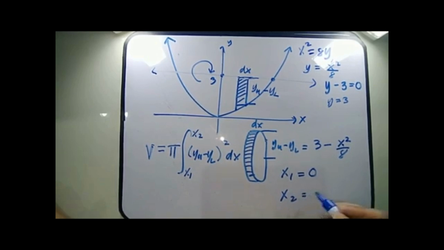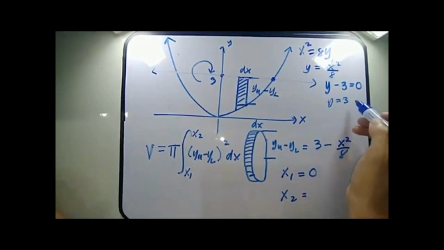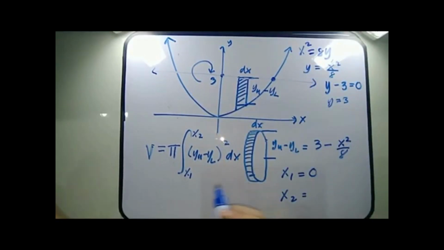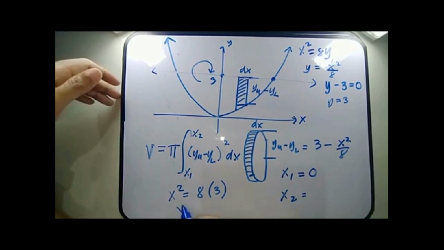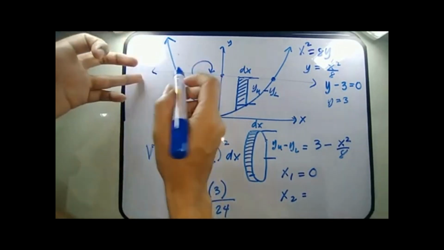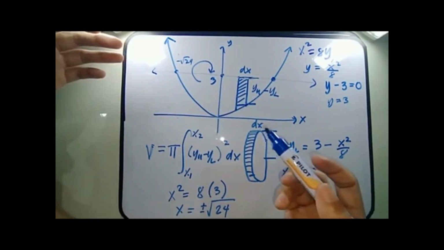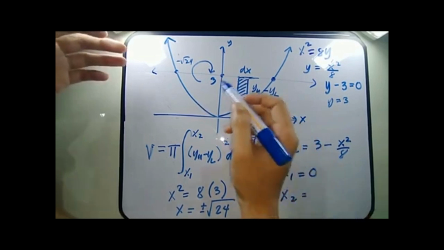Then, x sub 2 will be this intersection. So, what is x there? That is at y equals 3. So, we substitute y as 3. So, x squared equals 8 times 3. So, x equals plus or minus the square root of 24. We disregard the negative because the negative is on the other side, negative the square root of 24, but we are only required to find the area in the first quadrant.